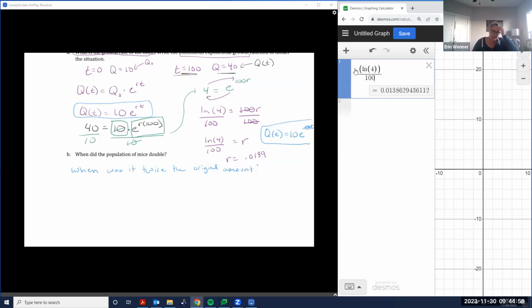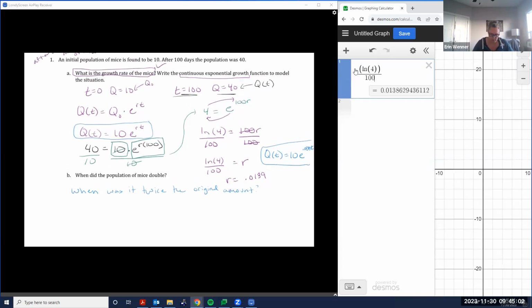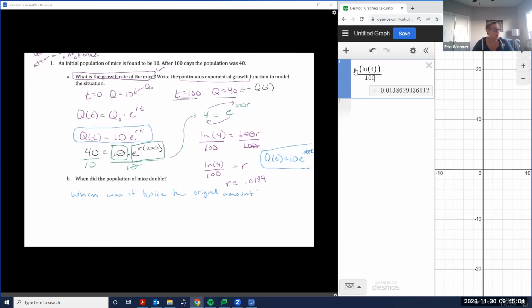So if we're looking at twice the original amount, what was our original quantity of mice? Well, the initial population was 10. So if we take our initial population of 10 and multiply it by 2, we have a quantity of 20. So that's going to be our new quantity amount, okay?